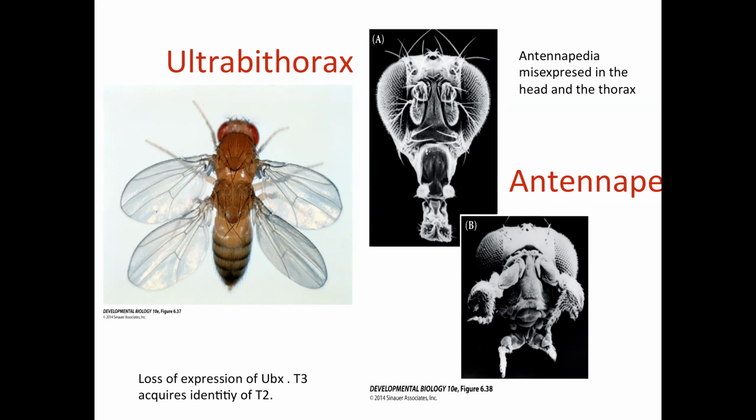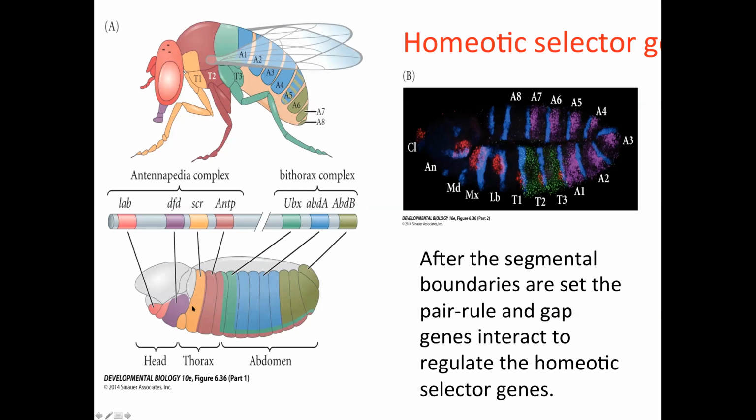If Antennapedia is expressed in the head structures, it can override the information that is present within those cells. So if the cells of the eye or the cells of the antenna have to form an antenna because they come from the head region, that information is overridden by the misexpression of Antennapedia.